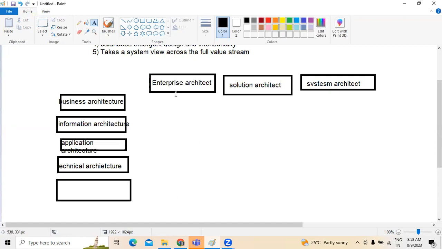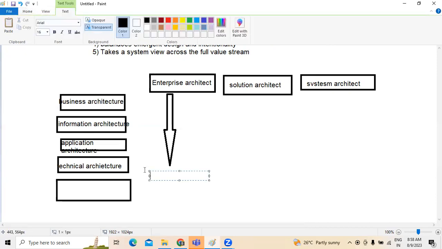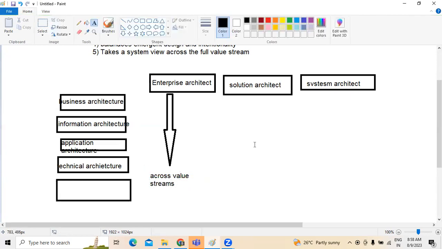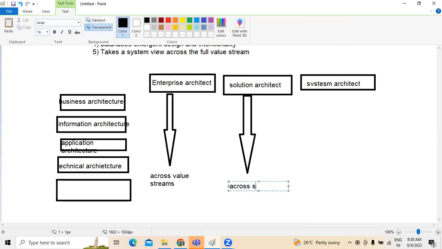Now, when we see enterprise architecture, it majorly focuses on value streams, so it provides reach across value streams. But when it comes to solution architecture, this majorly focuses across systems.